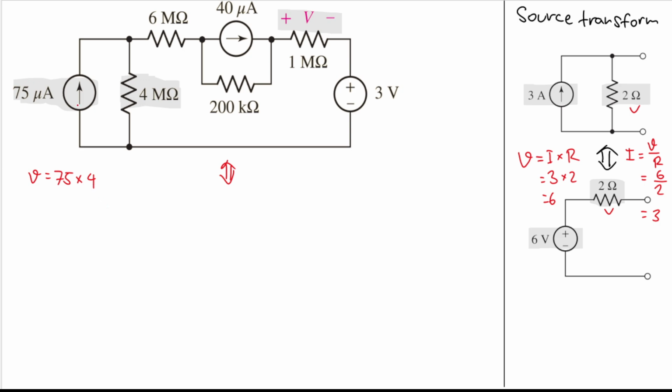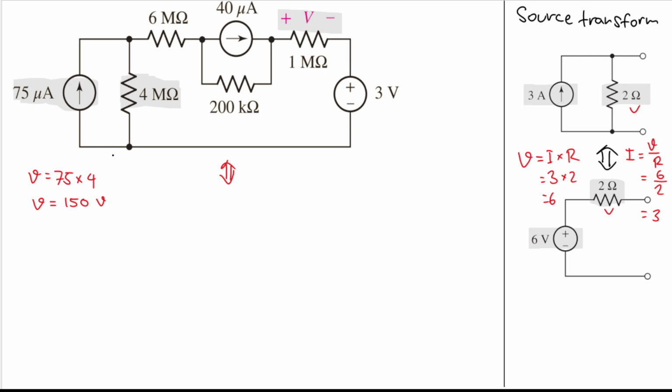Micro and mega will cancel each other, right? Because micro is 10 to the minus 6 and mega is 10 to the 6. So we only need to take care of this. And so we will have our V is 150 volt. Good, and we still have this 4 mega ohm resistor.